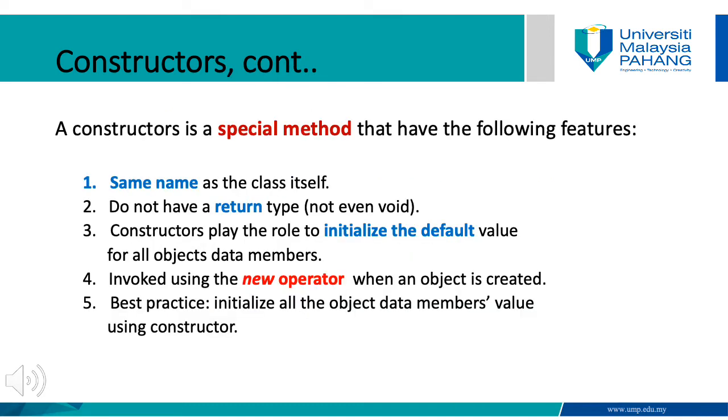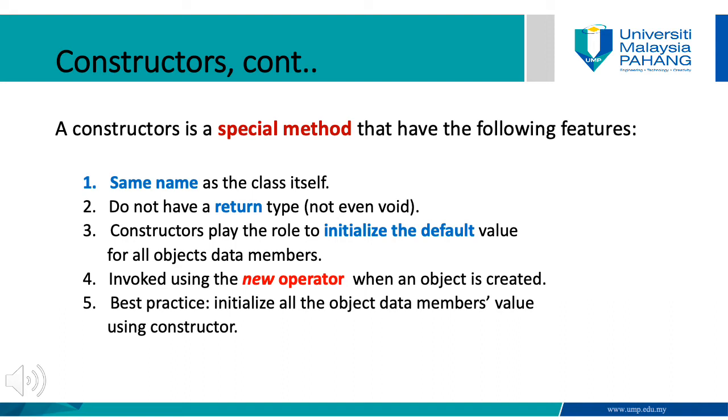So a constructor is a special method that has the following features. First, it must have the same name as the class itself, not a different name. Second, it does not have a return type, not even void.